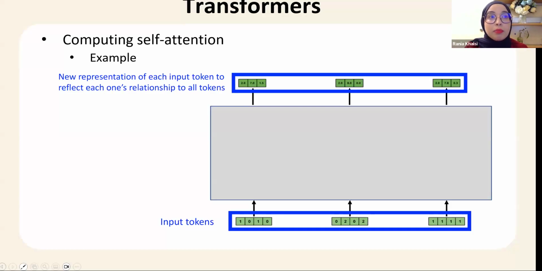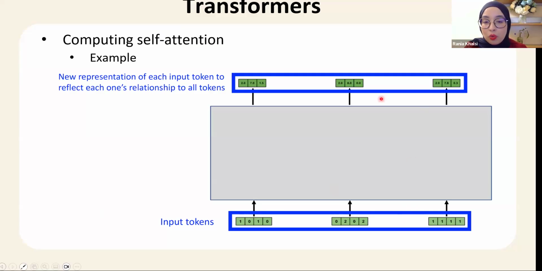So this example here illustrates the idea. Here we have 3 input tokens. My laser is not working now. From these tokens, we are going to generate new representations that express each input's relationship with others.